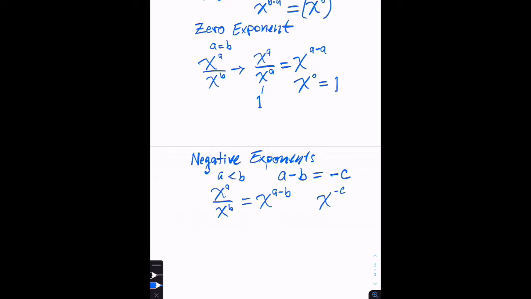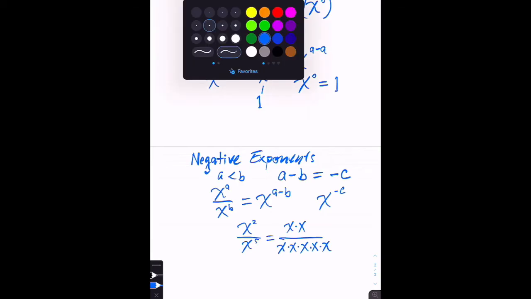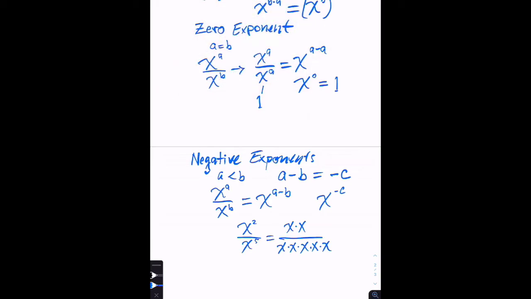Now this is really better shown if I do this with numbers. So let's let a be 2 and b be 5. So now we're talking about x to the 2 over x to the 5. Well, that's the same as saying x times x divided by x times x times x times x times x. And you see that we get some cancellation going on here, because this x cancels this x cancels this x.